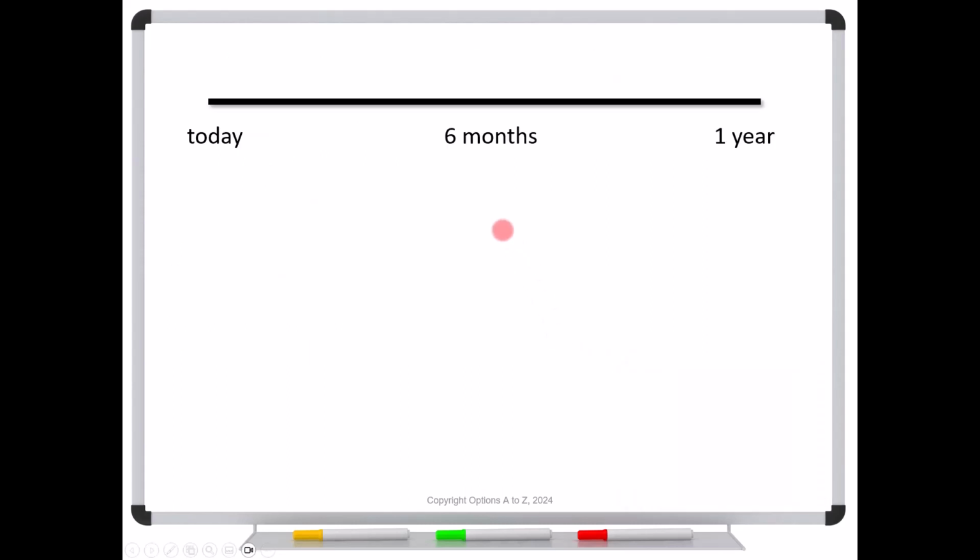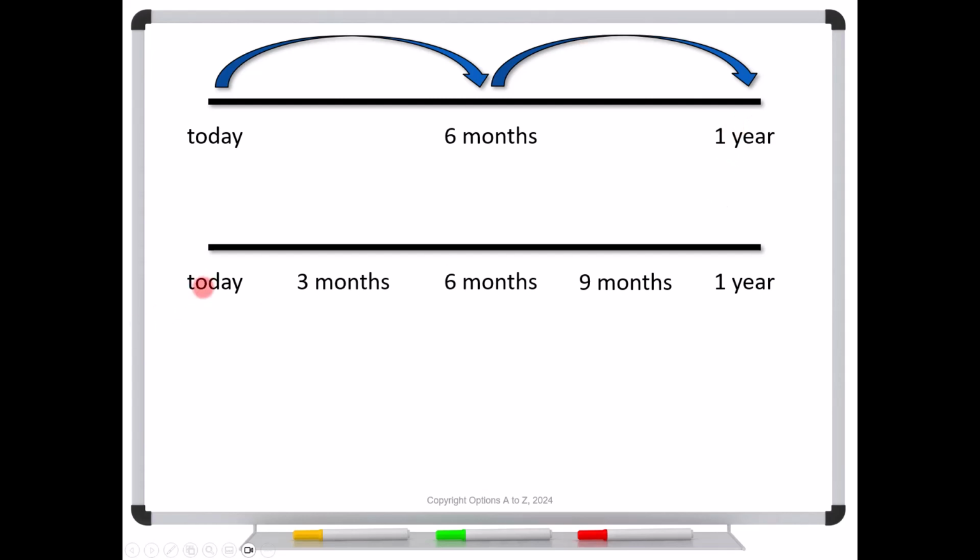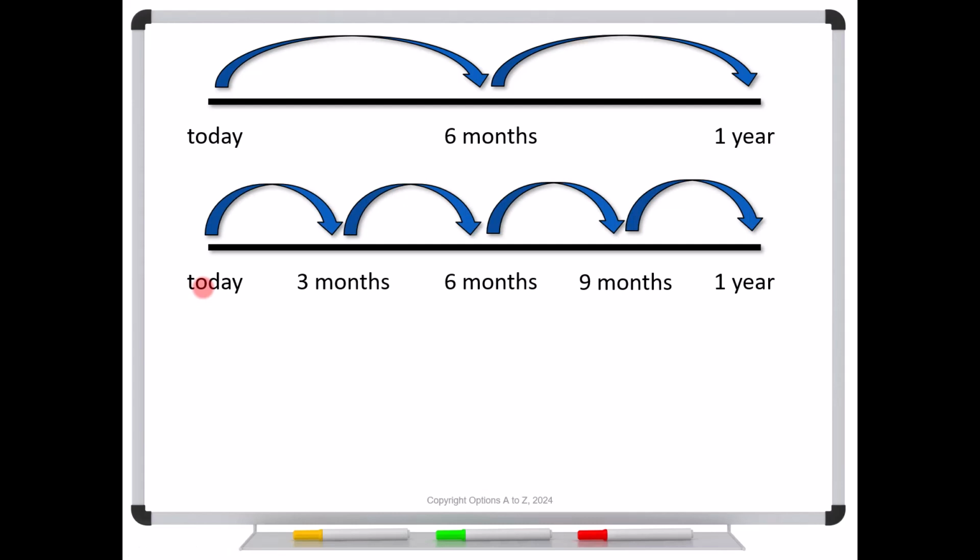So this is what it's going to look like graphically. If the bank pays semi-annually and you deposit $1,000 today, you're going to get a payment in 6 months, and then you're going to get interest on that balance in another 6 months. If it's compounded quarterly, it's going to look like this. You deposit $1,000, every 3 months you're going to get deposits to your account, which will each earn interest.